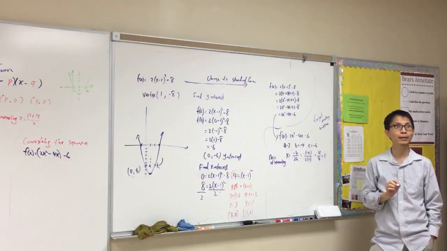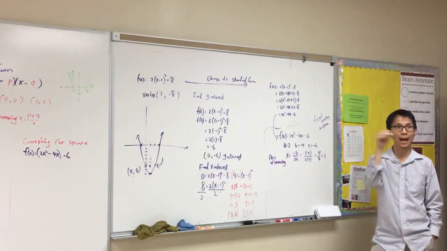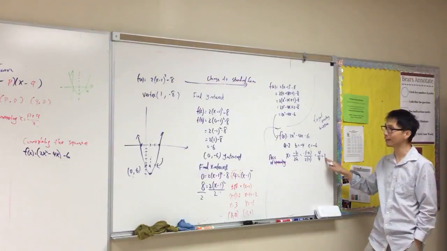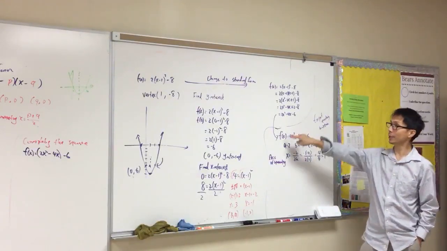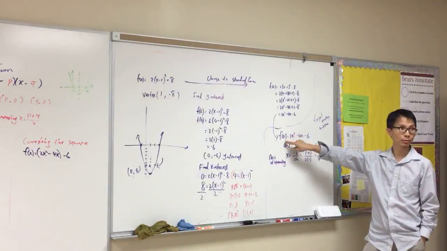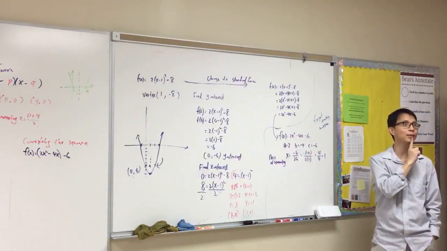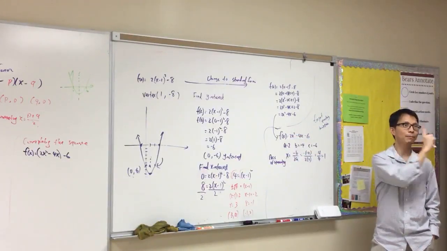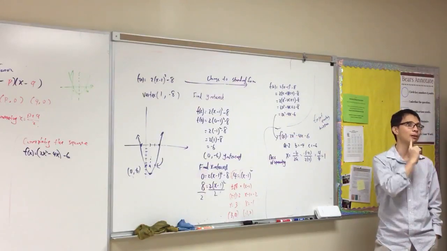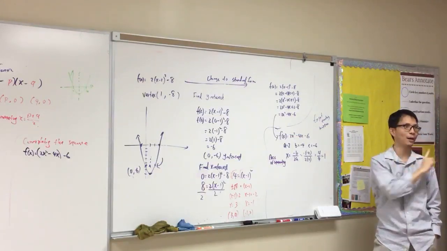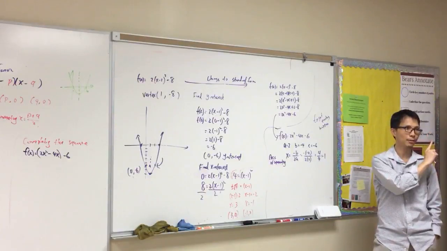Can I find my vertex? Yeah. If I have the axis of symmetry, x equals 1, can I plug it into the original equation? Because if I have my axis of symmetry, my vertex is right here. I just plug into the equation to find out what the y value is. Is that understandable?